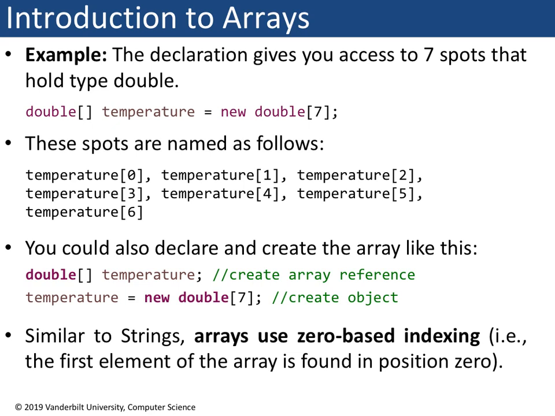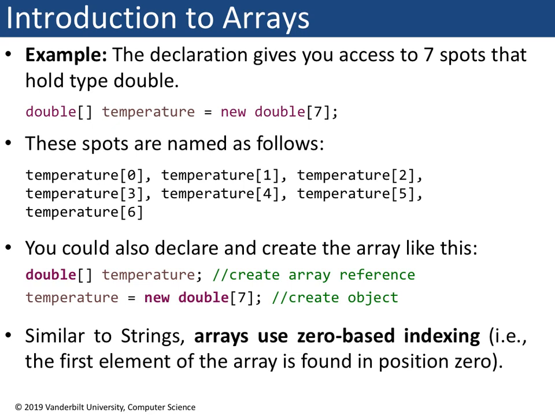would be to declare, first of all, the variable which is going to hold the reference to our object in memory. So remember, an array is an object. So when we assign the variable called temperature this object, what we're really doing is we're saying, here's a newly declared double array object, and we're going to store its location inside this variable called temperature.